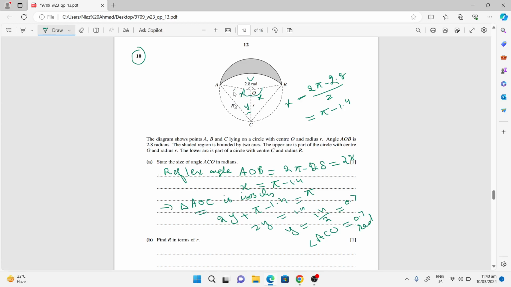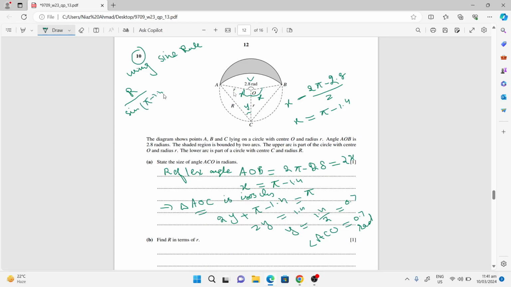We can use the sine rule and we can get the value for R. So I'm writing over here, using sine rule, I can calculate, look, this is R over sine of x, the opposite angle, and x is pi minus 1.4.